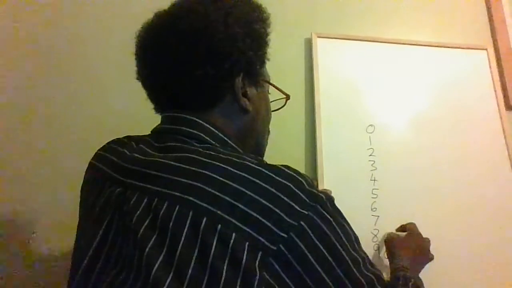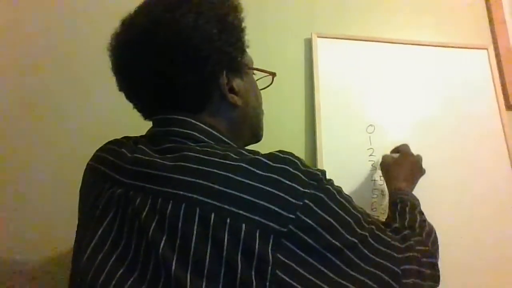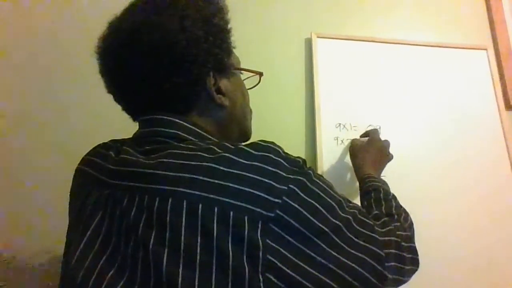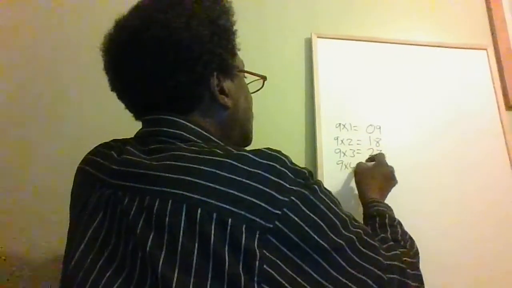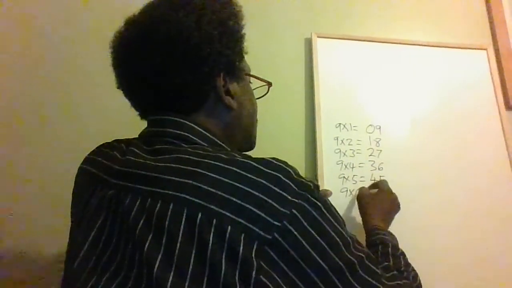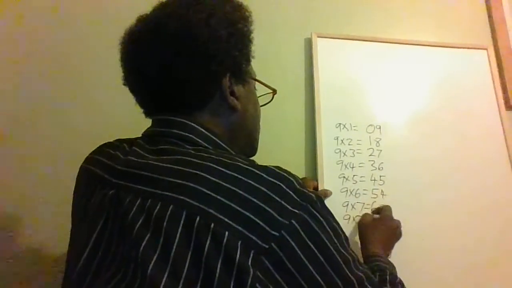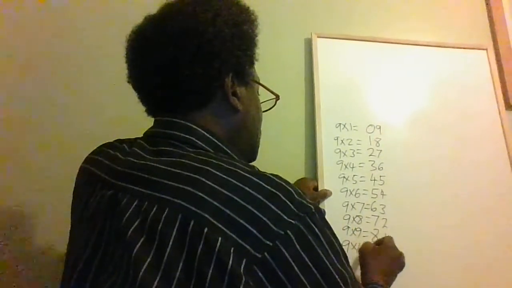Then you go 0, 1, 2, 3, 4, 5, 6, 7, 8, 9. 9 times 1 is 09, the same as 9. 9 times 2 is 18. 9 times 3 is 27. 9 times 4 is 36. 9 times 5 is 45. 9 times 6 is 54. 9 times 7 is 63. 9 times 8 is 72. 9 times 9 is 81. 9 times 10 is 90.